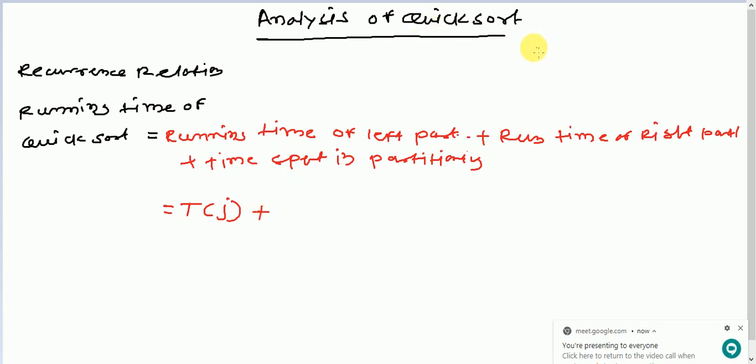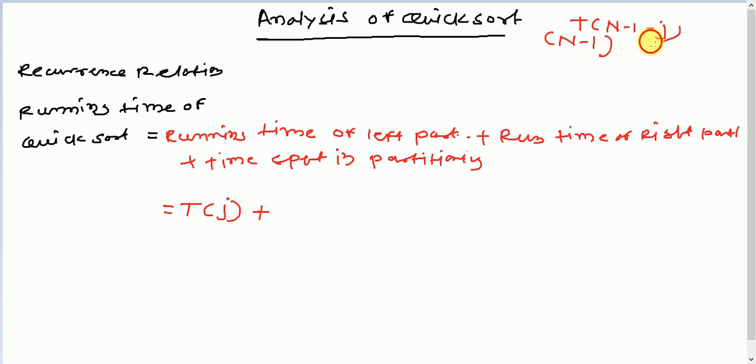In the right partitioning the index goes till n minus 1, so the time required will be t of n minus j minus 1, plus the time spent for partitioning.